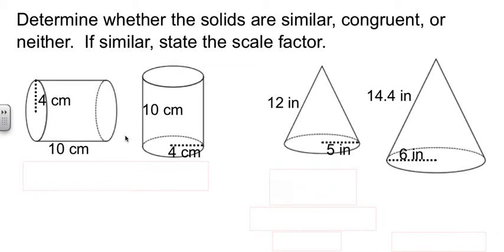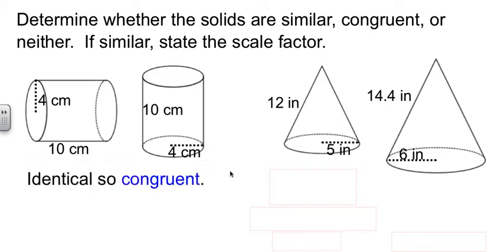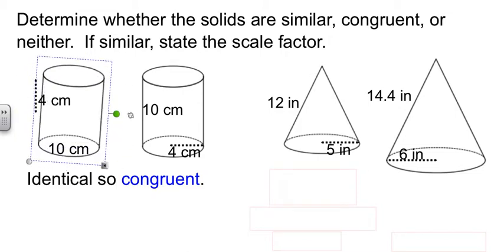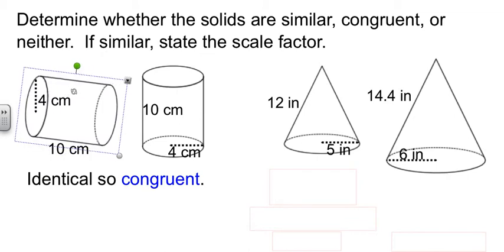The height is 10. That's promising. The radius is 4. The radius is 4. That's promising. Everything about them is identical, so we say they're congruent. Notice they don't have to be facing the same direction. Okay, this cylinder is still the same size no matter how I turn it.